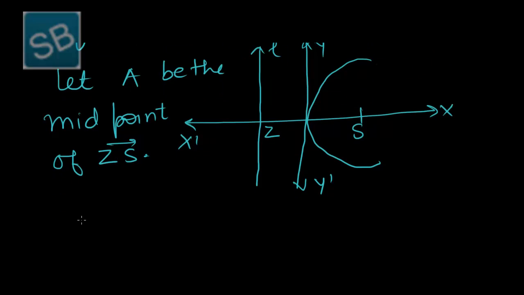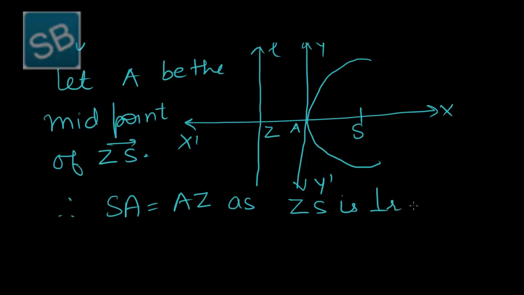Therefore, SA is equal to AZ, and as ZS is perpendicular to L, A lies on the parabola.